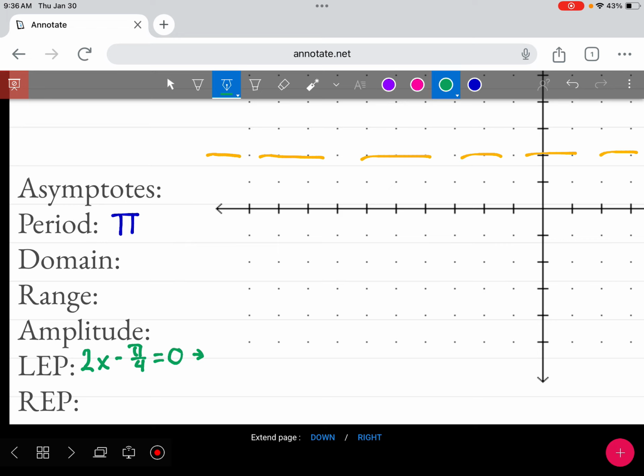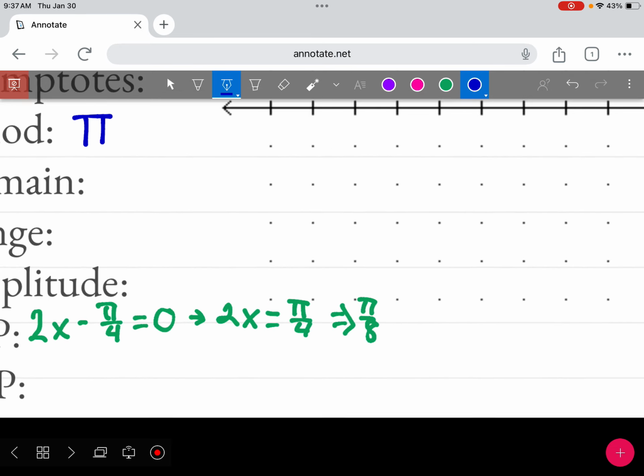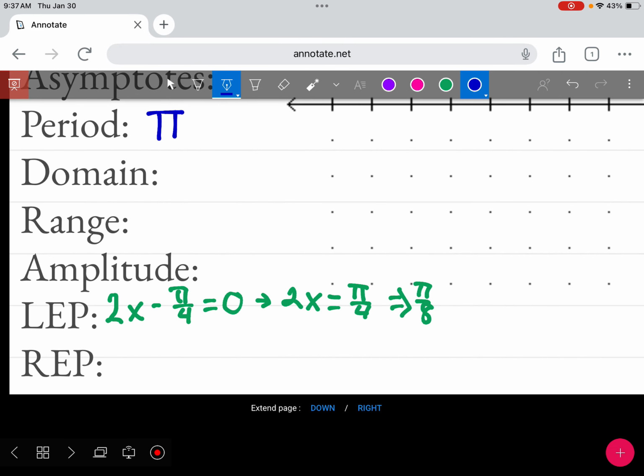Not pi over 2, because we'll have our 2x equals pi over 4. What do we need to do? Pi over 8. So our left end point's at pi over 8. I said 8. Sorry, my handwriting's bad, as I have to zoom in super far on this thing anyway.